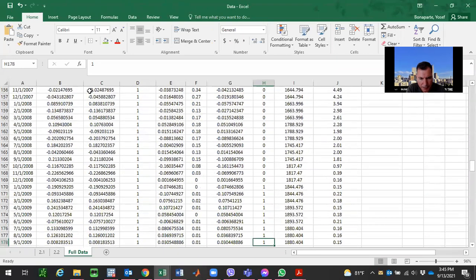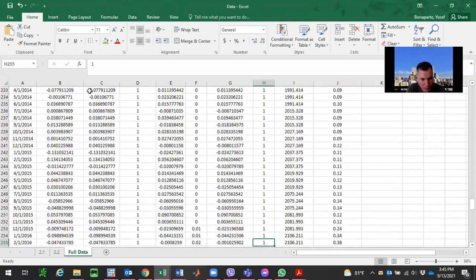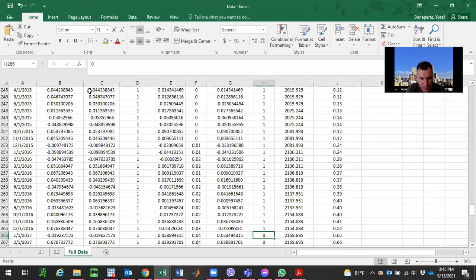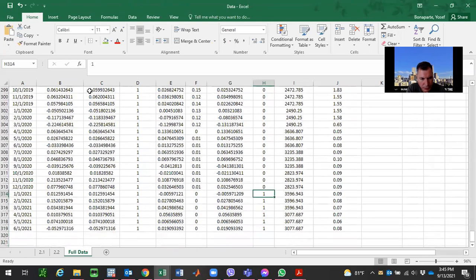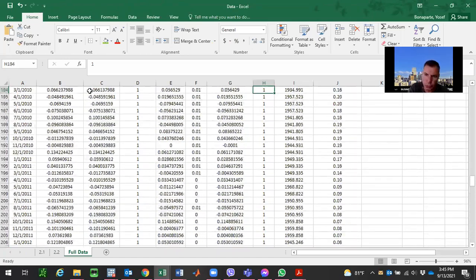Then Obama, then Trump in January 2017, then Trump and then Biden in 2021. Those are Biden's months. So we have 2 different presidents, 1 Democrat, 1 Republican.